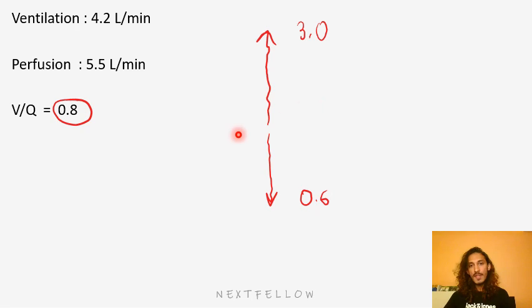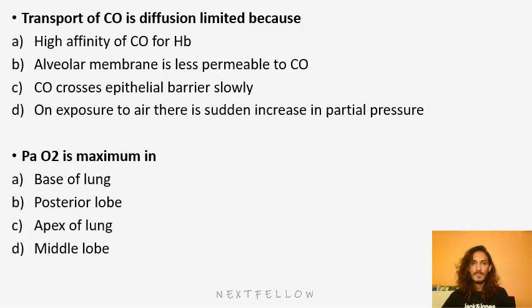So below, perfusion is a little more than ventilation. When you go on top, both ventilation and perfusion are poor, but perfusion is much poorer compared to ventilation. So the ratio is around 3.3 at the apex against the normal value of 0.8, and 0.6 at the base. These are all questions that will come from this.